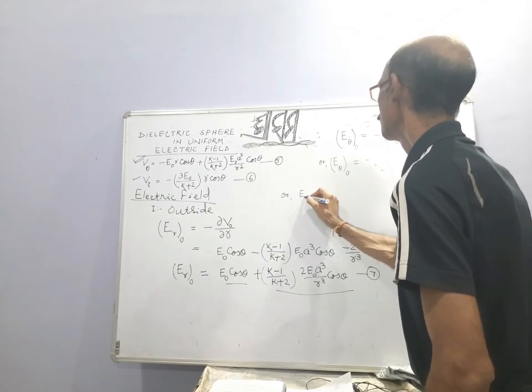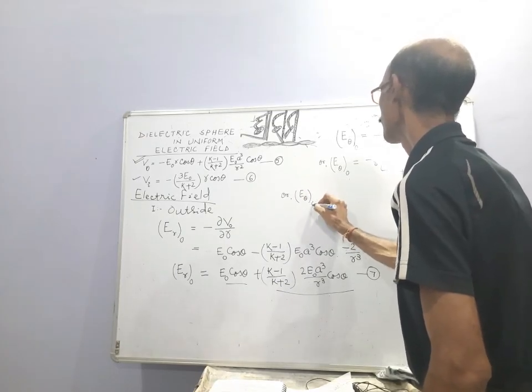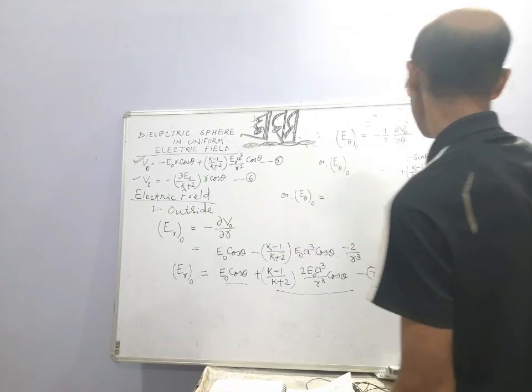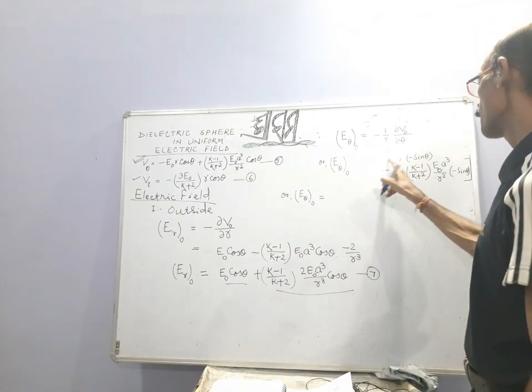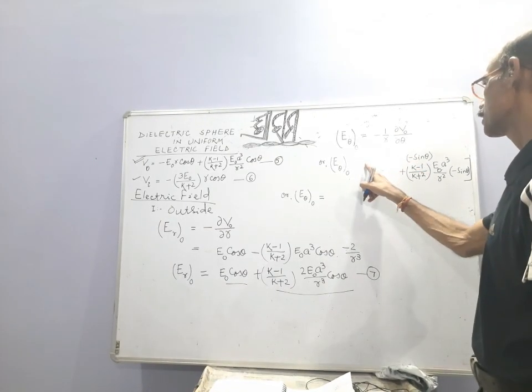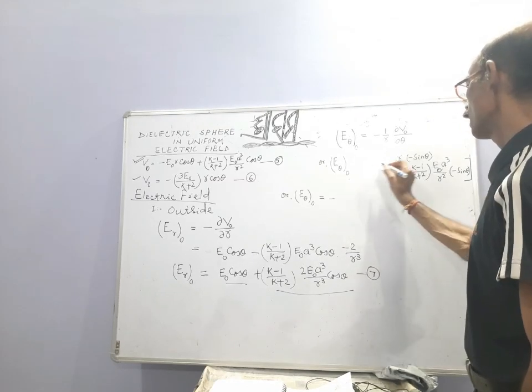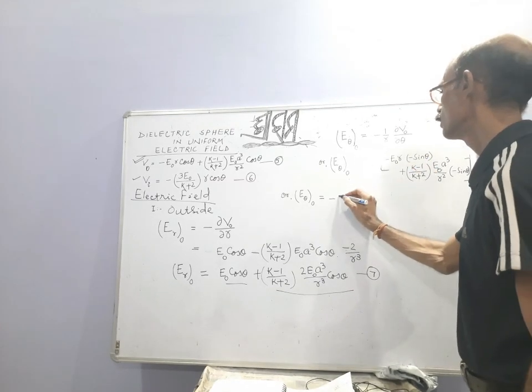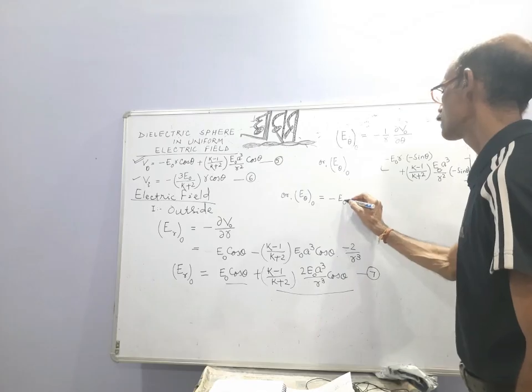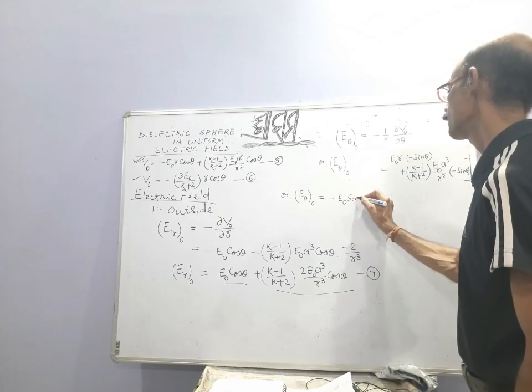And we have E theta outside is equal to, open the bracket, this minus minus plus and again this minus, so it becomes minus. This r and r cancel out, we get minus E0 sin theta.